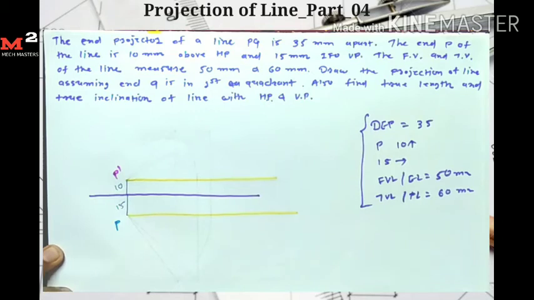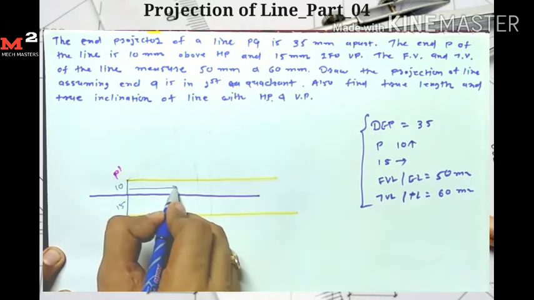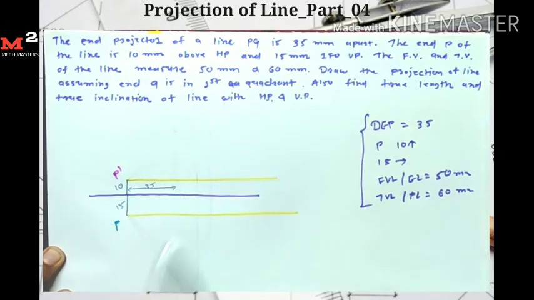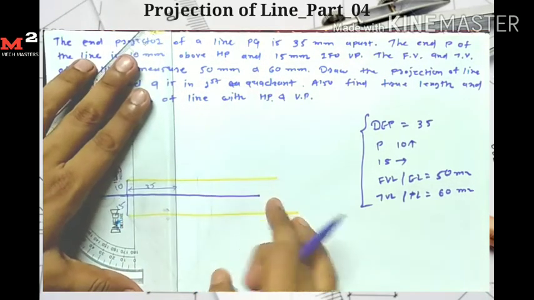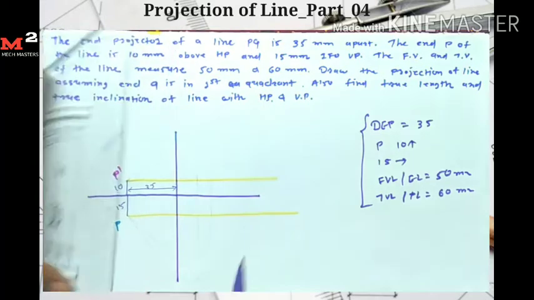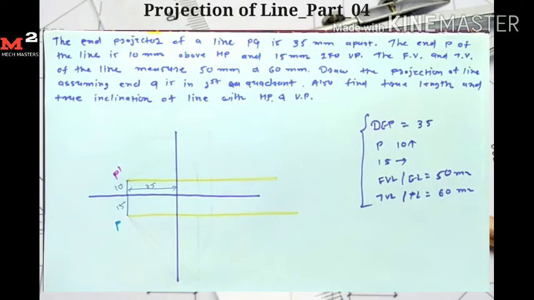Now the distance between end projectors is 35 mm, so here I measure the 35 mm distance and draw one vertical line. Now its front view length is 50 mm.